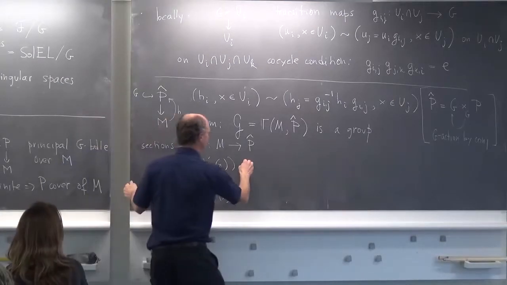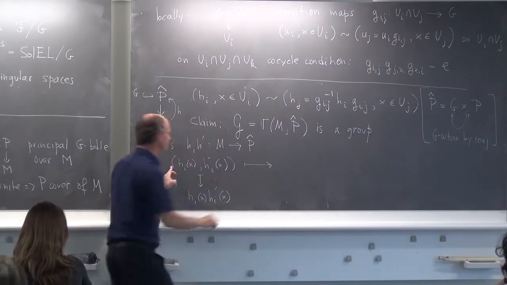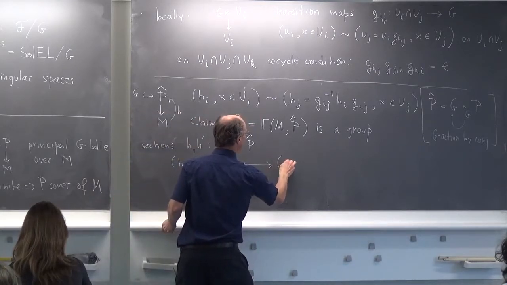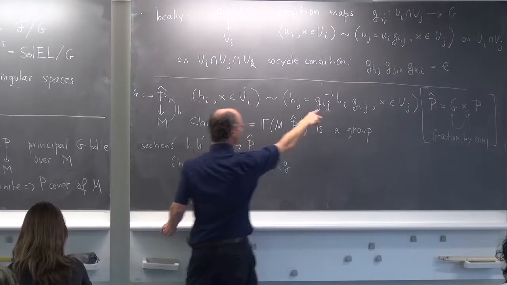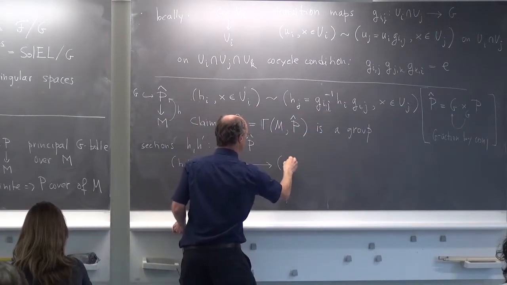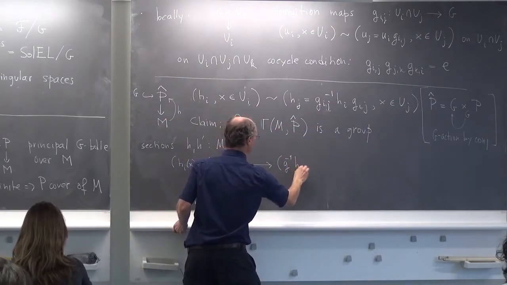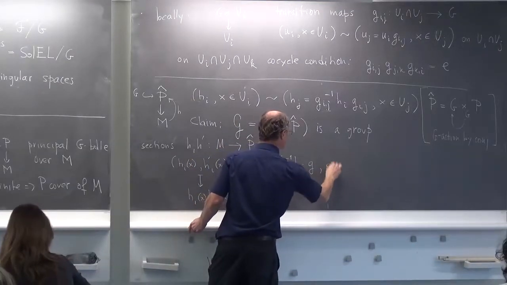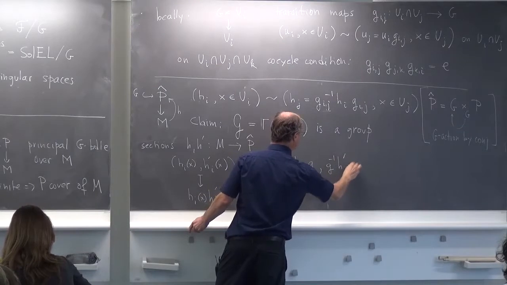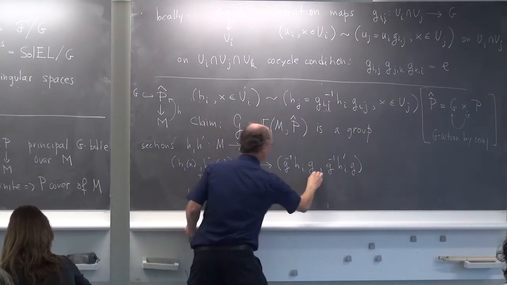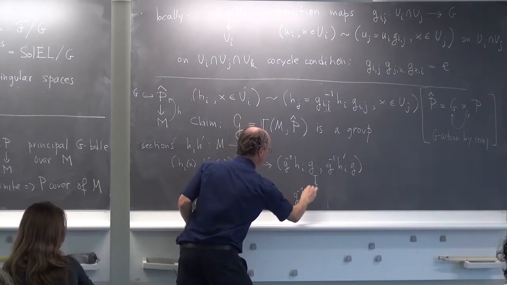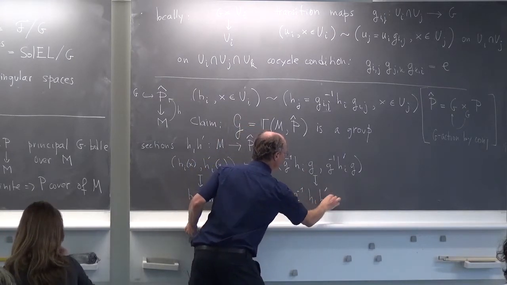Now I go to the other chart, and I have to use this rule. So it will be, let me for a moment not write the indices ij, g^{-1} h_i g and g^{-1} h'_i g. Well, now I multiply them. What I get is g^{-1} h_i h'_i g.